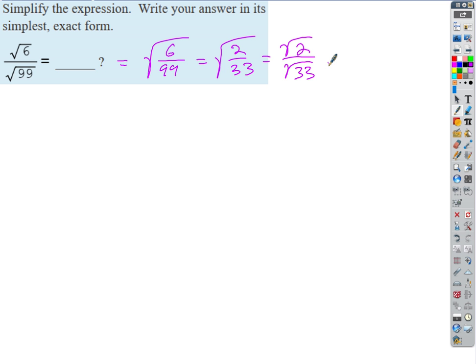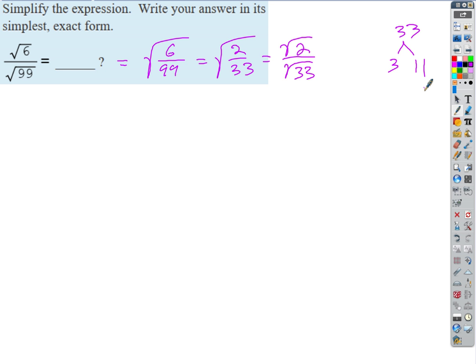Can I simplify the square root of 33? Is that going to work? If I do a factor tree for 33, what do I get? 3 and 11, that's as far as I can go. No couples, right? You probably had a sense right away that that wasn't going to work. What was going on in your brain?